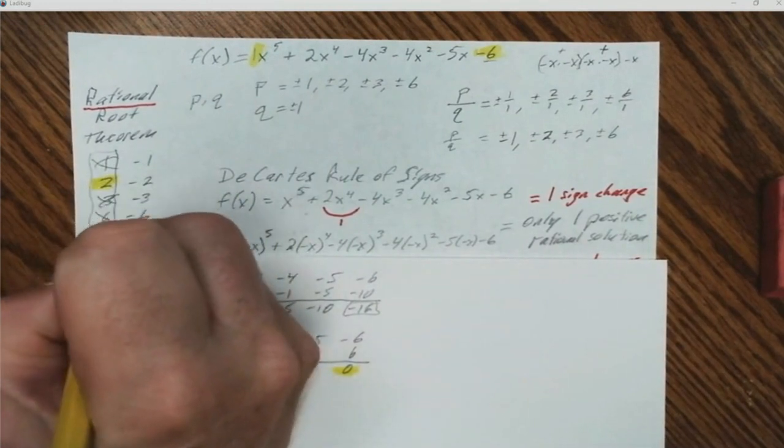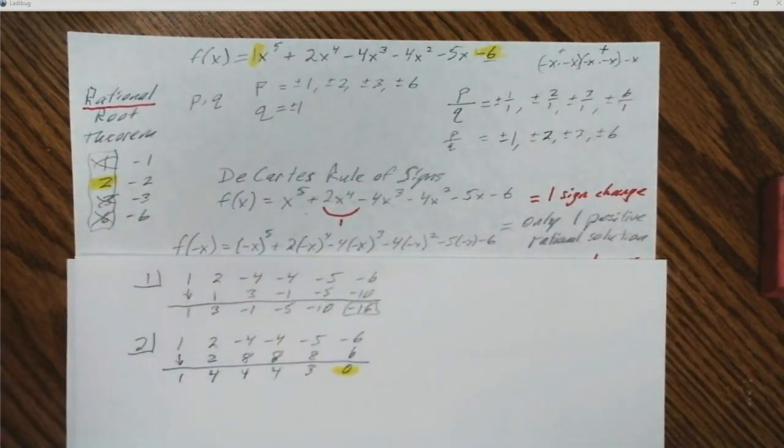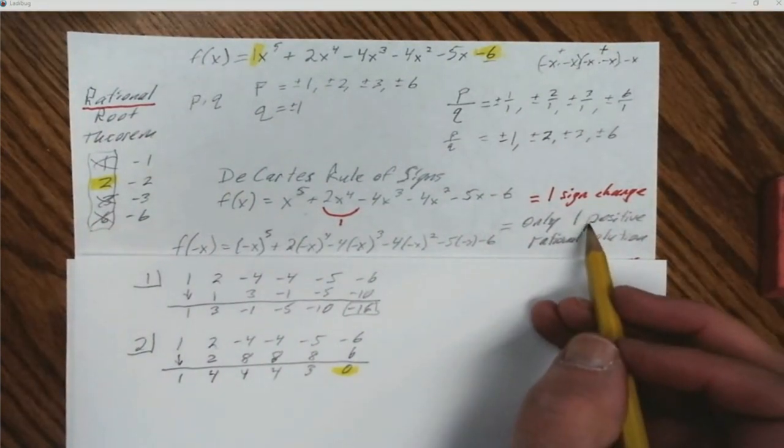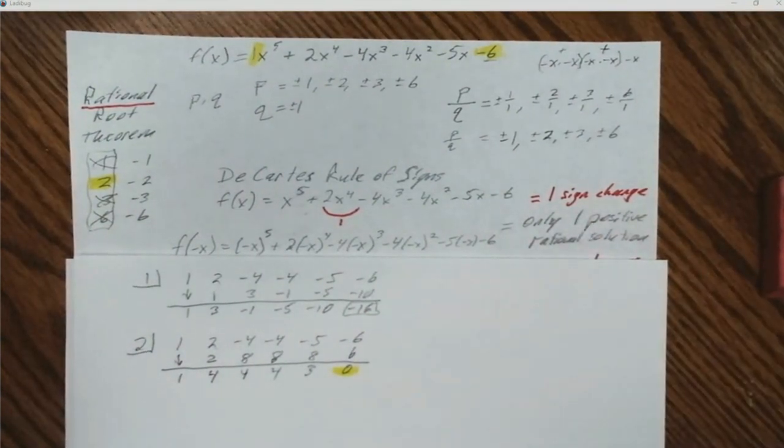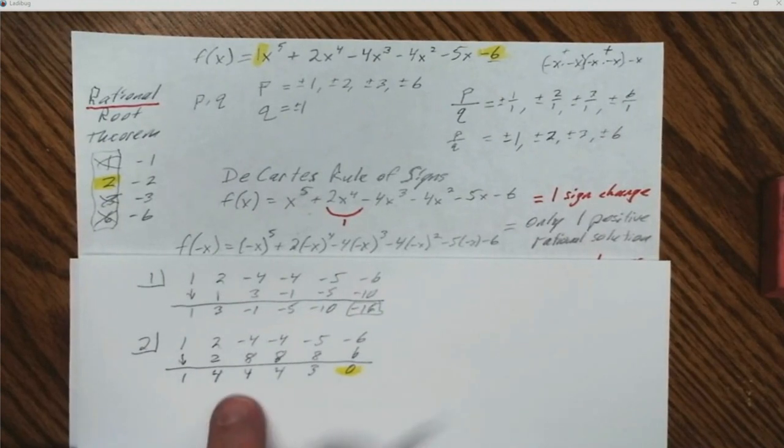We do not have to check 3 or 6 because we know there's only one positive solution, and we just found it. It's 2. So x minus 2 is a factor.